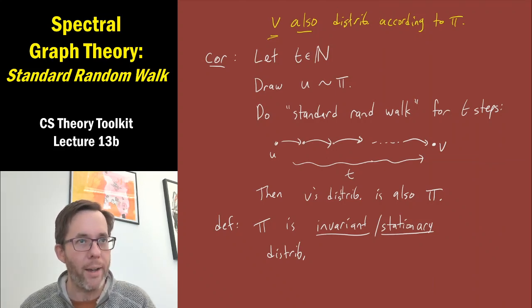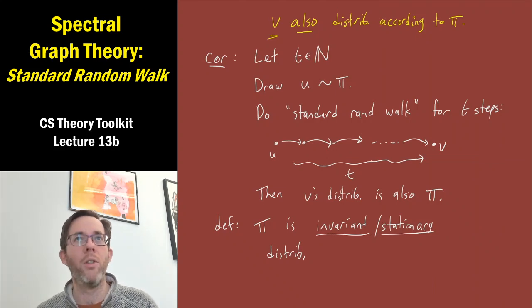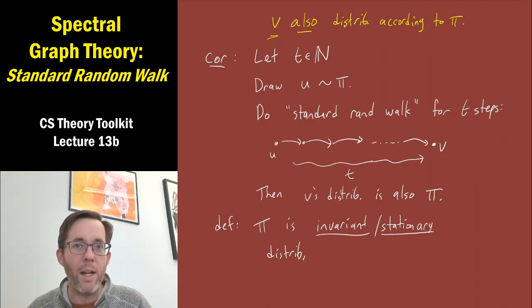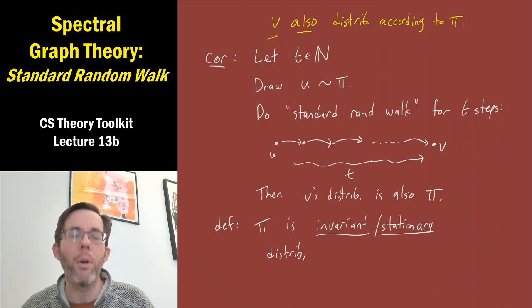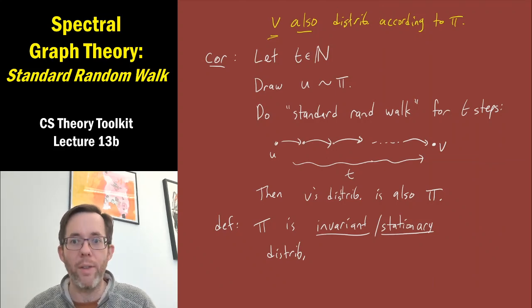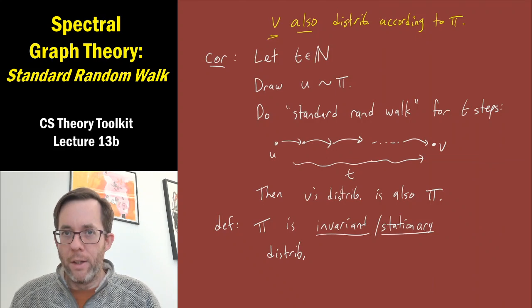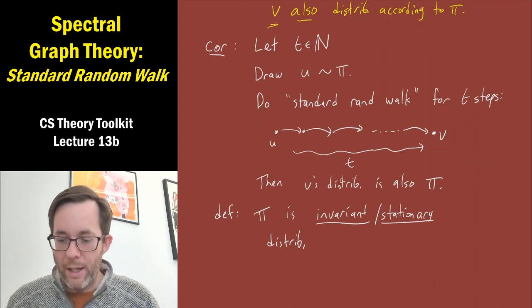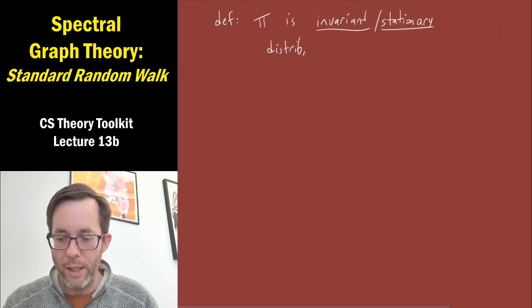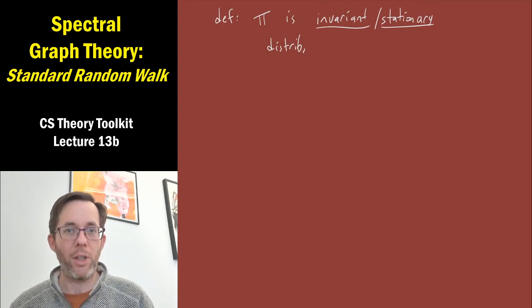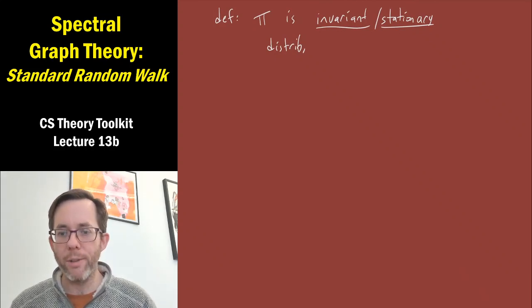It's always pi. You draw from pi, you take a random walk of 17 steps, you look at where you end up. The probability of being in any one place is proportional to the degree of that place. Okay, so that's a beautiful property of this special distribution on vertices, the invariant distribution.